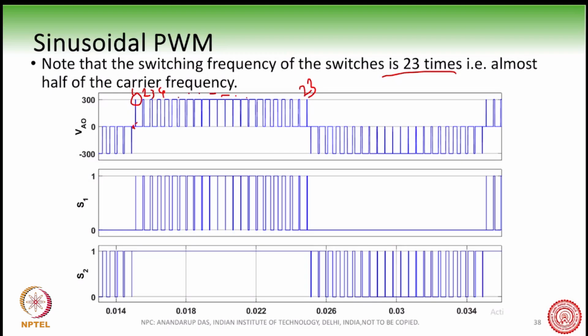The 2.25 kilohertz carrier was 45 times the fundamental, so basically the switching is happening at 23 times. So the first band of harmonic frequencies is at twice the switching frequency of individual switches. This is what will happen here.